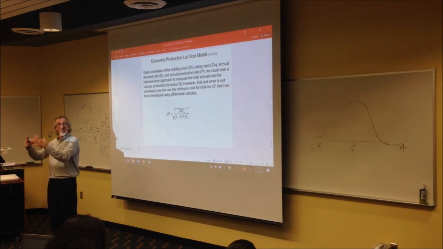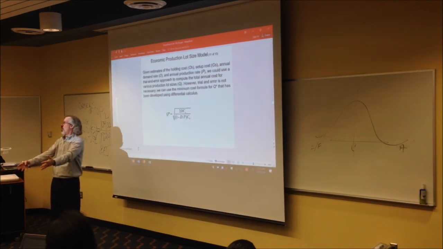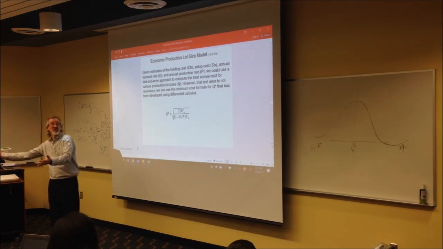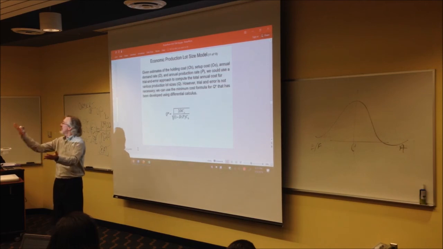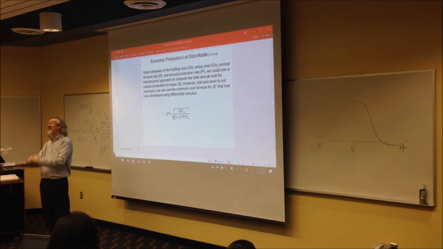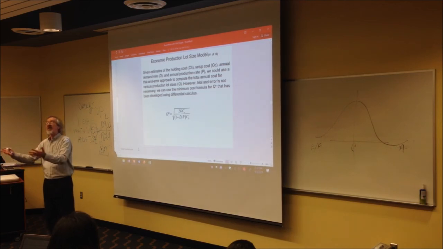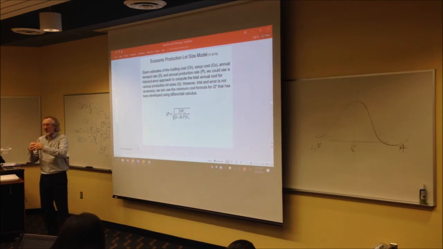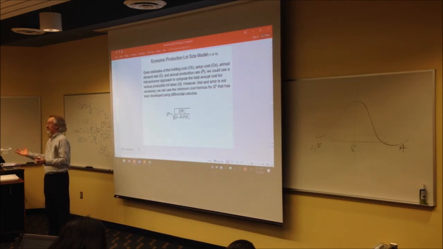What does it cost to make one fishing lure? Oh, $5 or $4. And you find out the holding cost is 25%, so 25% of $4, the holding cost is $1. So the holding cost is most likely given to you as a percentage, and you multiply it times the cost to make one item. Or it can be given to you as just the holding cost, and you just use it.